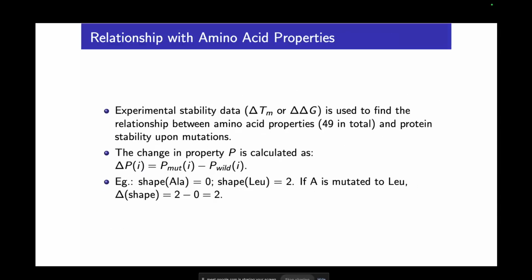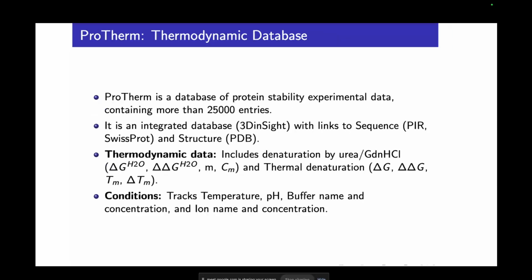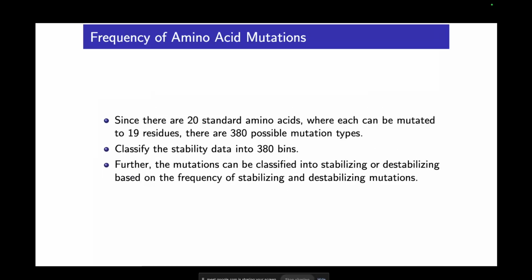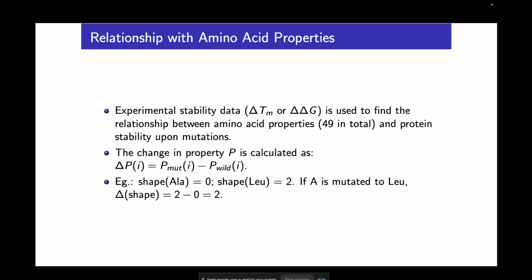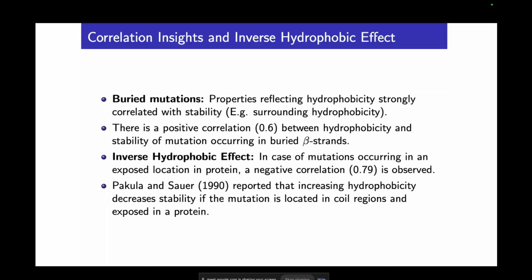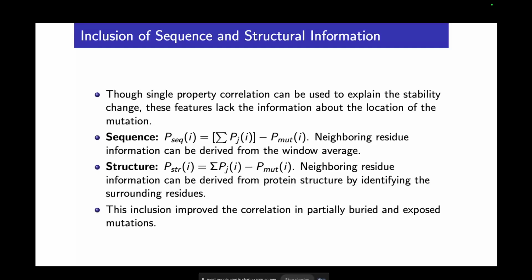Whatever insight you're looking at, be it thermodynamics, the delta G, specific amino acid mutations, stability between mutated amino acids, or whether the mutation is occurring in a hydrophobic or a hydrophilic residue, on the surface or in the buried regions, the idea is that the sequence and the structure are the driving force.